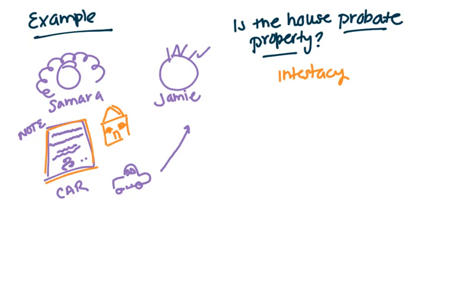The will didn't dispose of the house. So the court applies the default rules, the intestate rules, to determine who gets the house. Now we're going to determine what these default rules are a little bit later in another video.